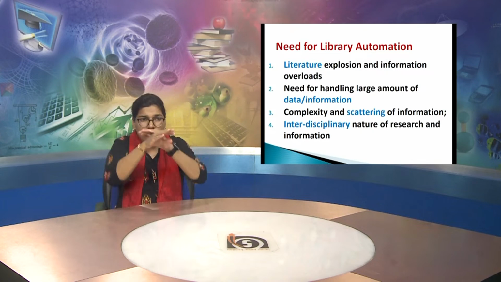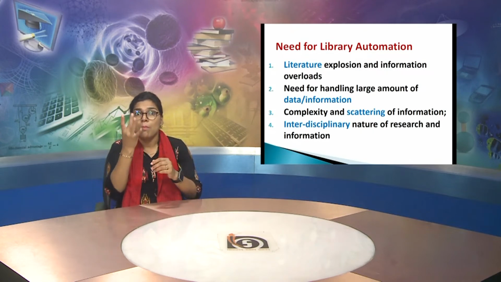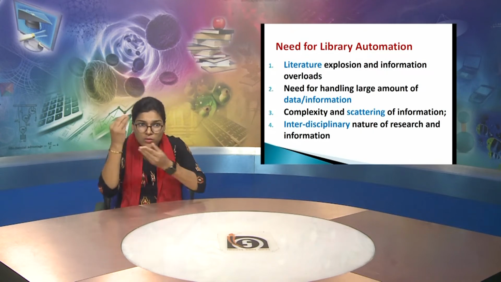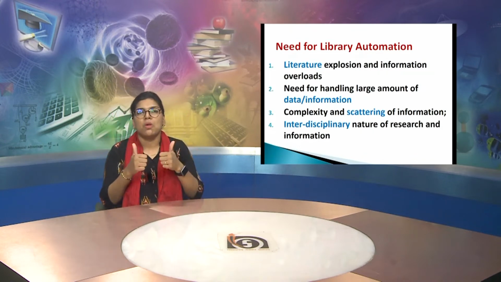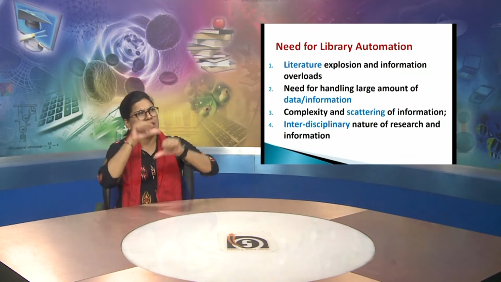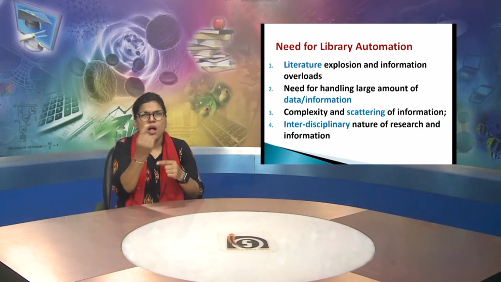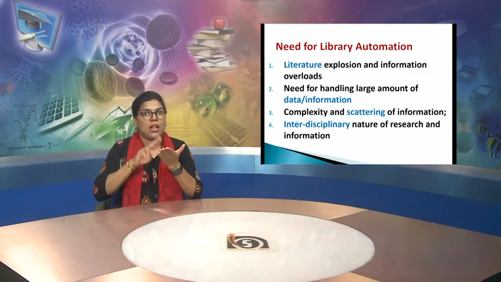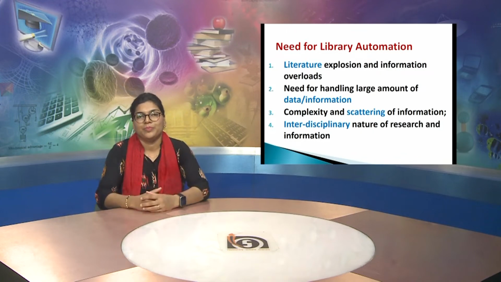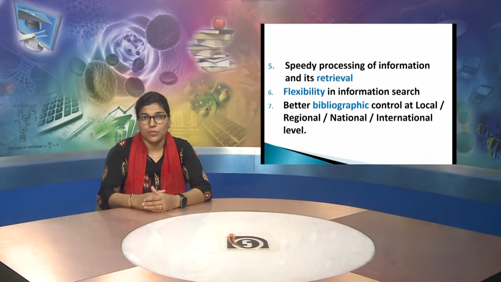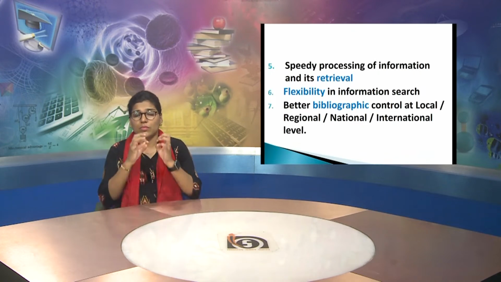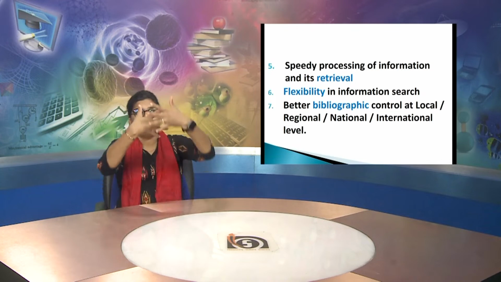Point 4. Interdisciplinary nature of research and information. So in every field there is a need of research, and sometimes the topics are so interconnected that created the need for library automation.